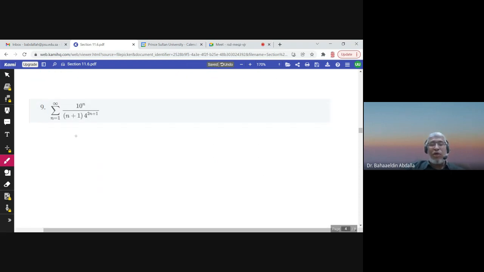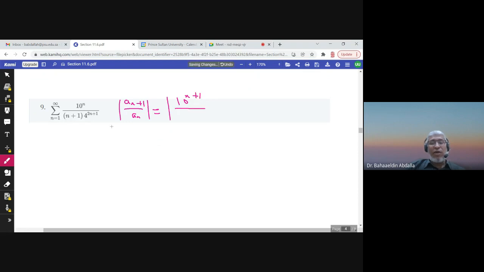You notice, when do we use the ratio test? We always have powers and factorials like this. So let me find the absolute value of a_{n+1} over a_n. You need to practice many exercises until you understand the method.